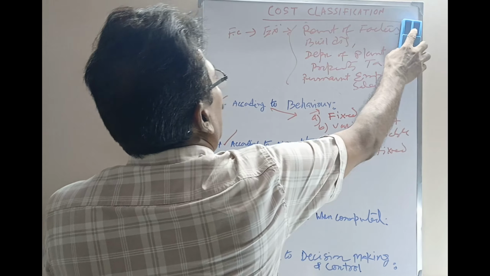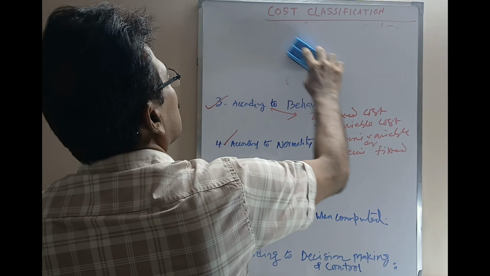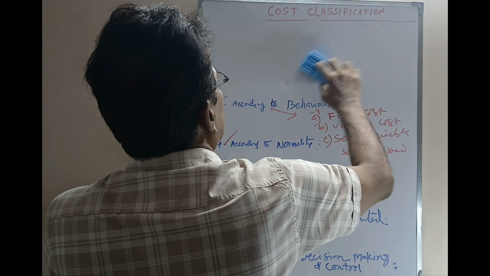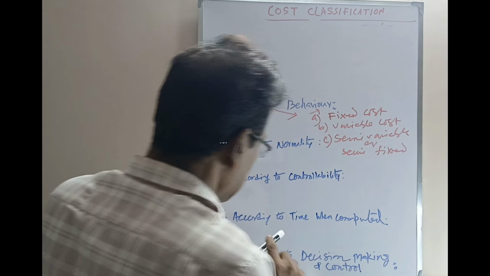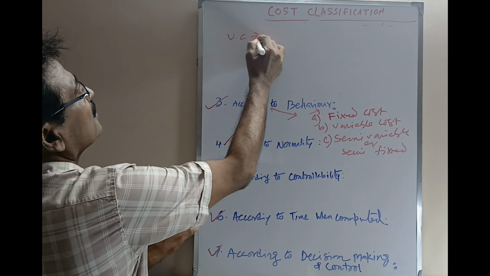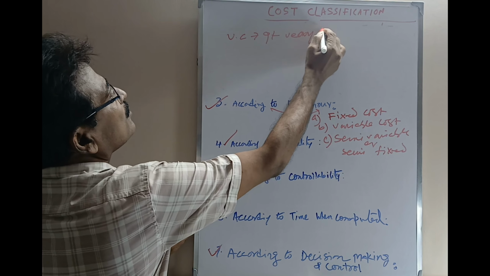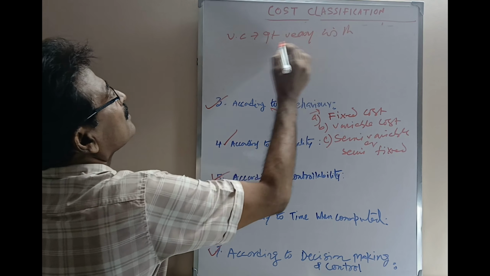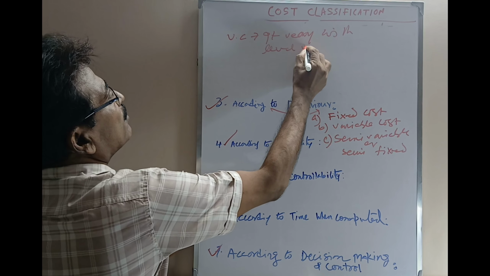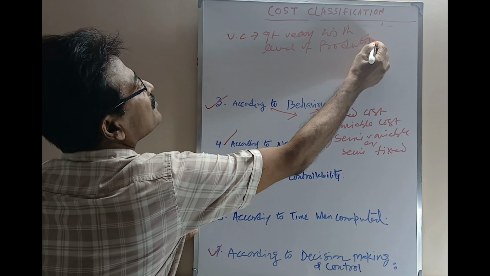Now variable cost. What is variable cost? Variable cost tends to vary with the volume or level of production or level of activity.